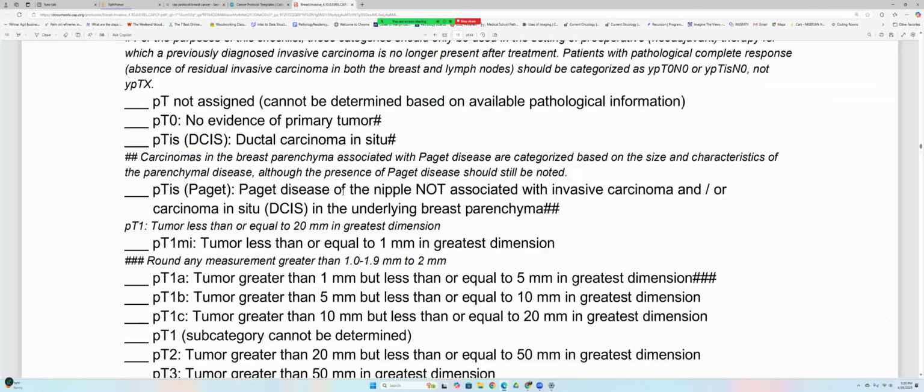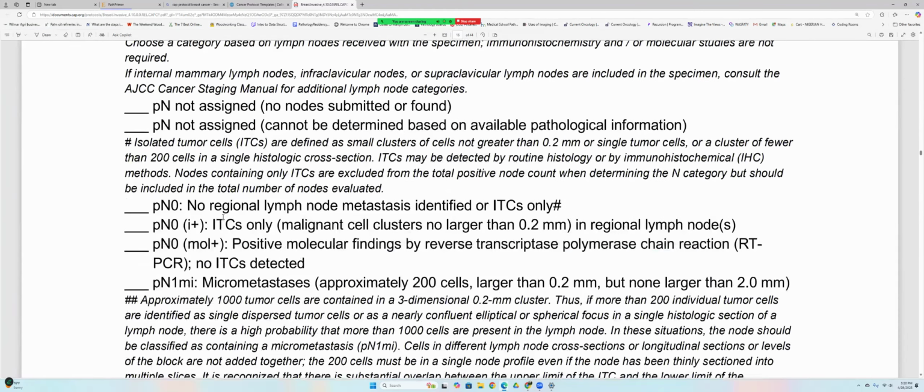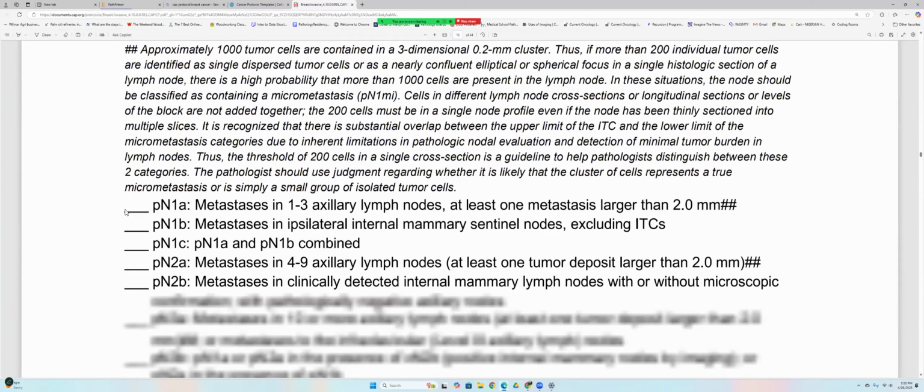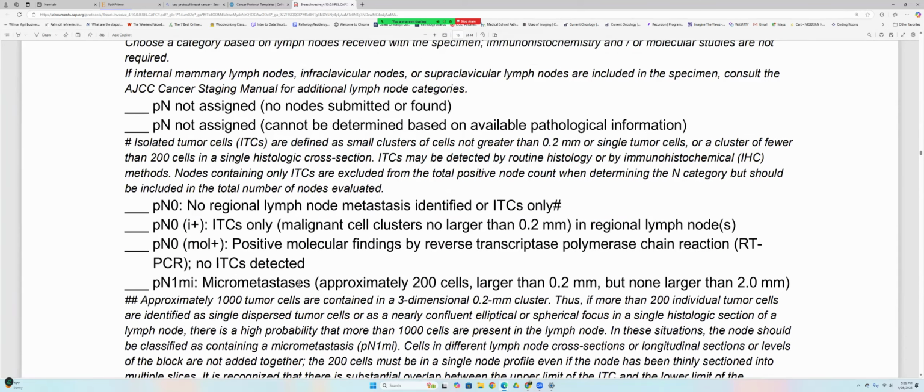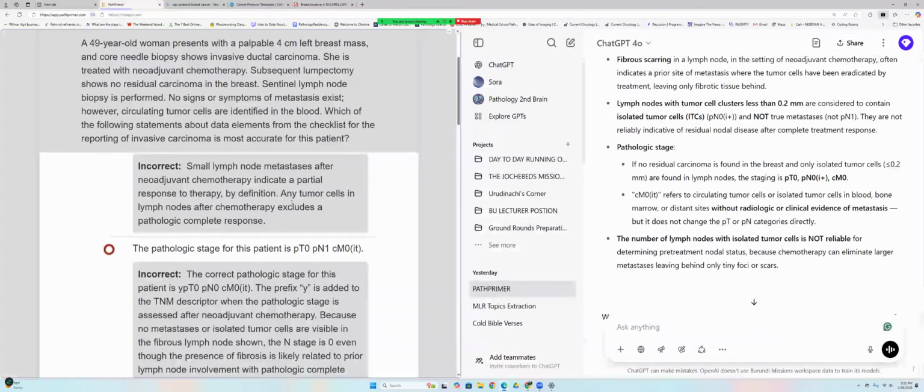N0 means no regional lymph node metastasis identified. N0(i+) means isolated tumor cells, not greater than 0.2. Then pN1 is metastasis, anything greater than 0.2 millimeters. So in this case, we cannot call it pN1 because it's less than 0.2 millimeters. So this is wrong.